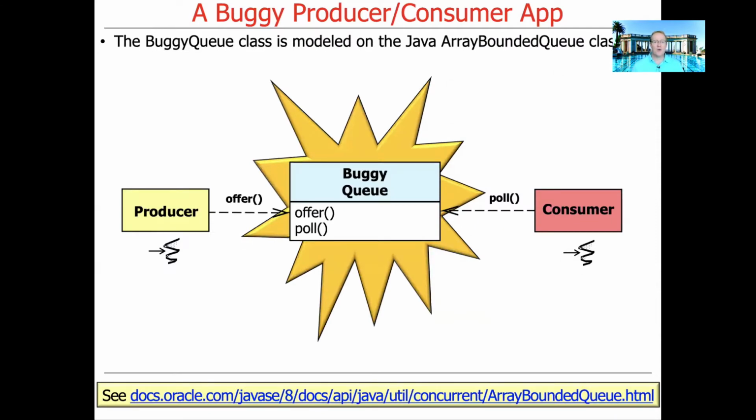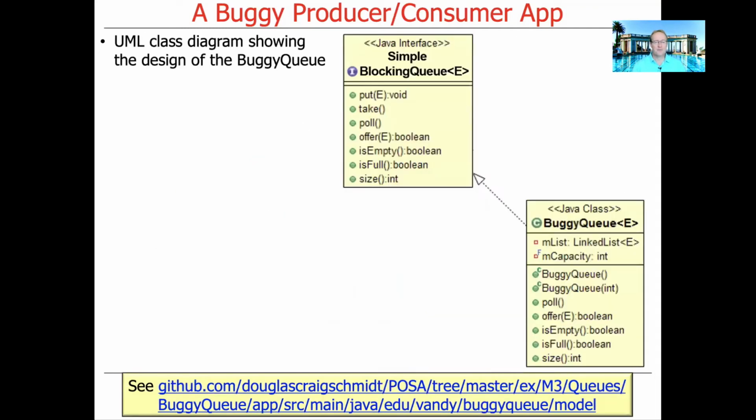The BuggyQueue class is designed based on portions of the interface from the Java ArrayBlockingQueue class. We've talked about ArrayBlockingQueue before, when we were talking about the ReentrantLock and Condition object features that are part of Java. So we kind of stole the interface here, basically by implementing the BlockingQueue interface, and we're then going to show how to not do things correctly.